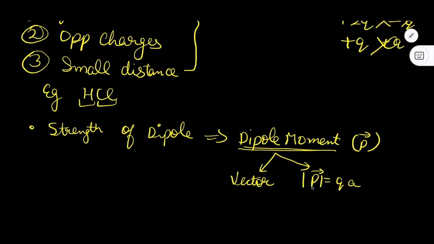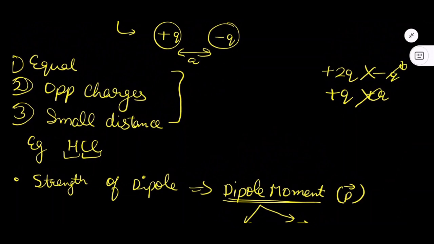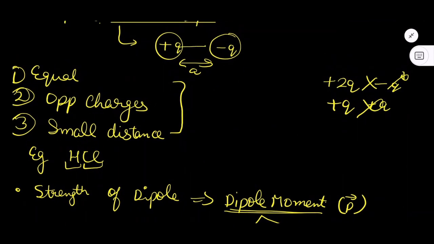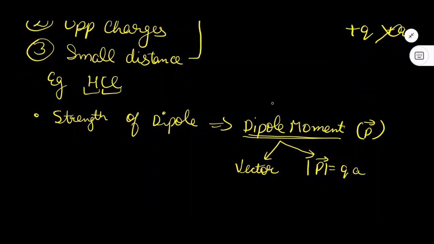This will be the magnitude of the dipole moment, and the direction of the electric dipole moment will be from negative to positive, right? So this is the magnitude.